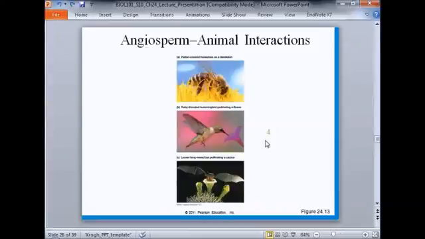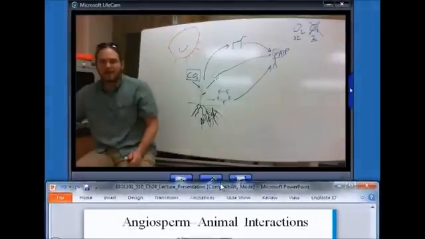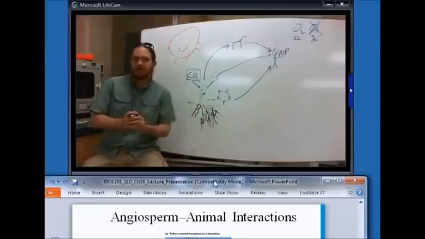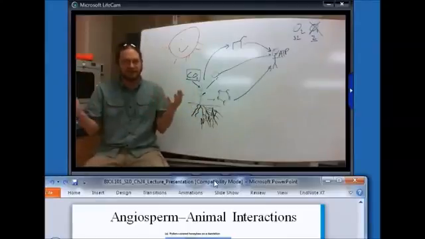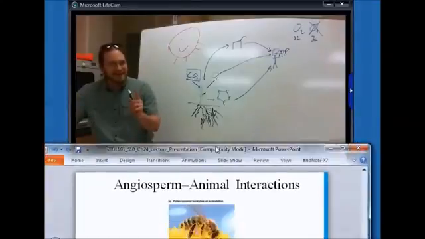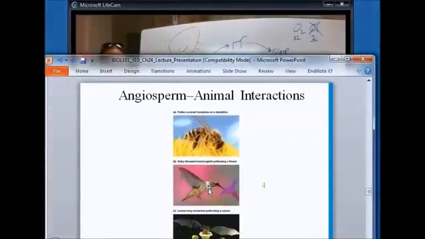And here's one thing that I want you to keep in mind about this. A lot of times we express this as, oh, these insects and the flowers, they're getting along so well and everything's great for them. And a great example of why it's not so simple as that is this hummingbird right here.